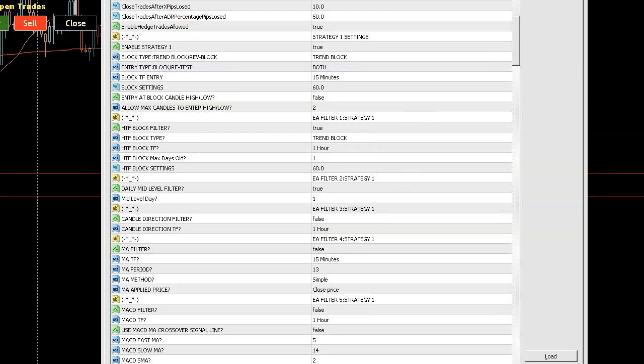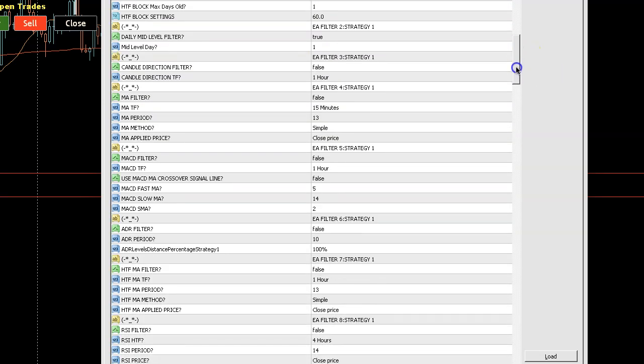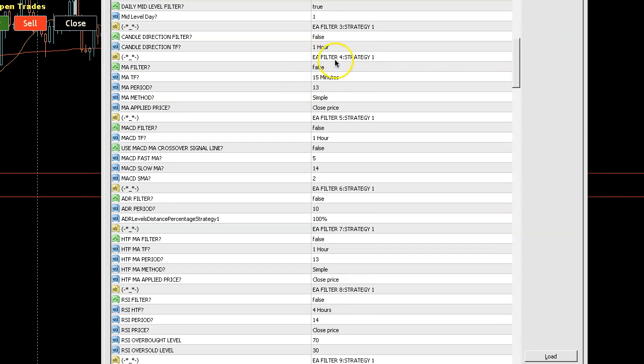And that's pretty much it, traders. So again, you always choose in here what type of block you're going to enter, and then on the MA we have filter number 4 and filter number 7 that are the same exact thing, and you can change them around with whatever you want.